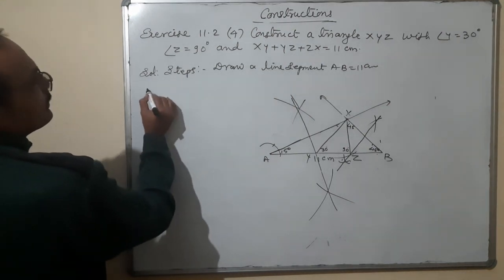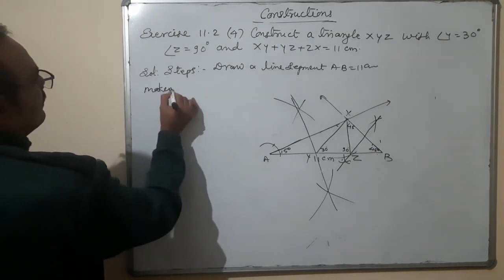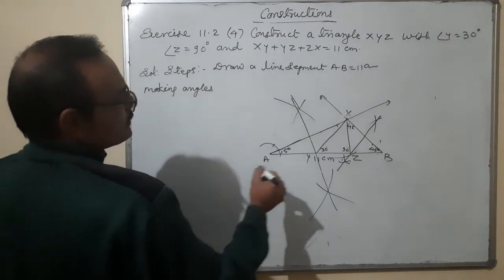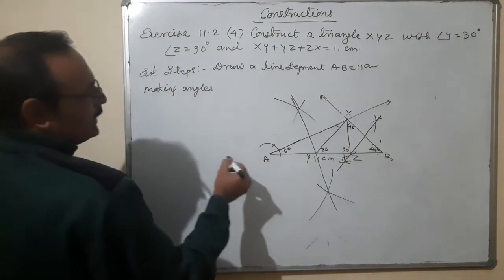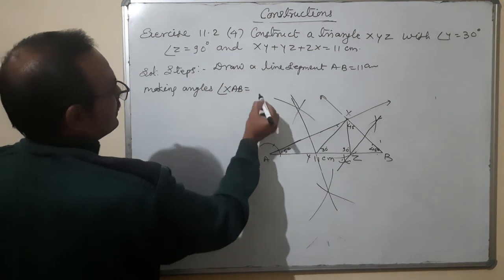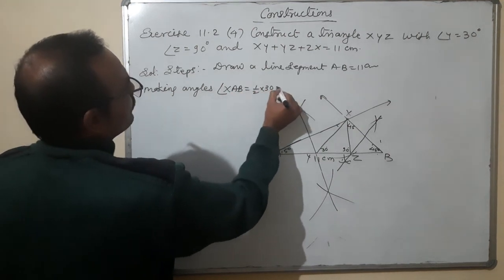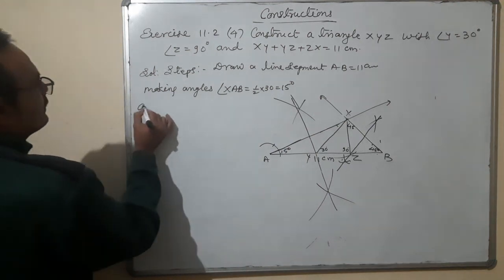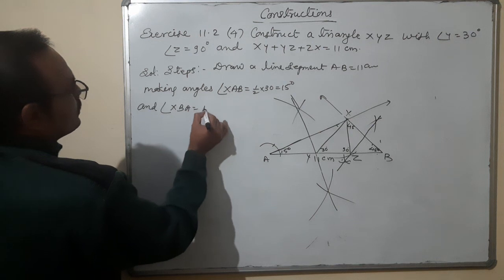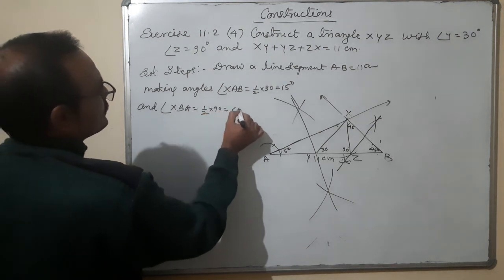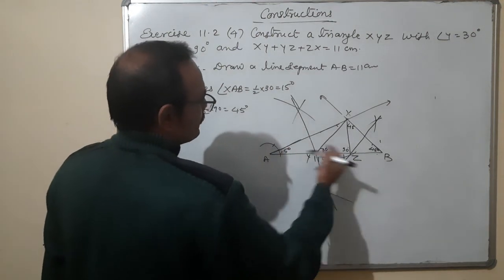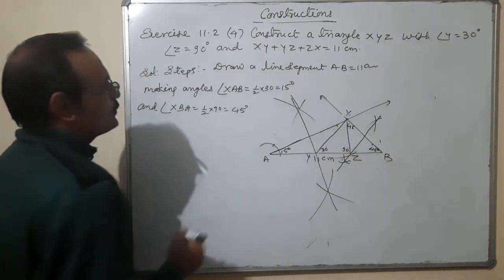Making angles: angle XAB is equal to 1 upon 2 into 30, means 15, and angle XBA is equal to 1 upon 2 into 90, that means it is 45 degrees. Making angles XAB 15 and XBA equal to 45.